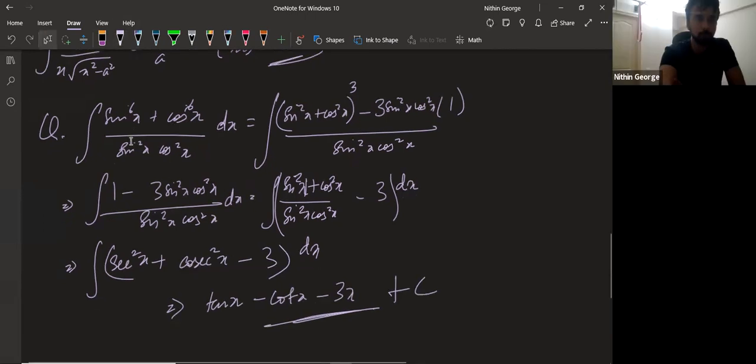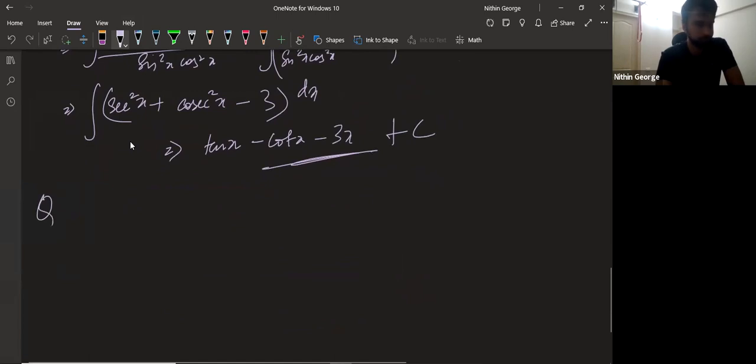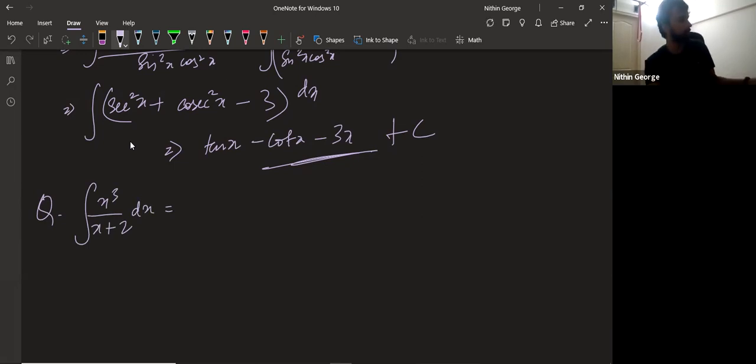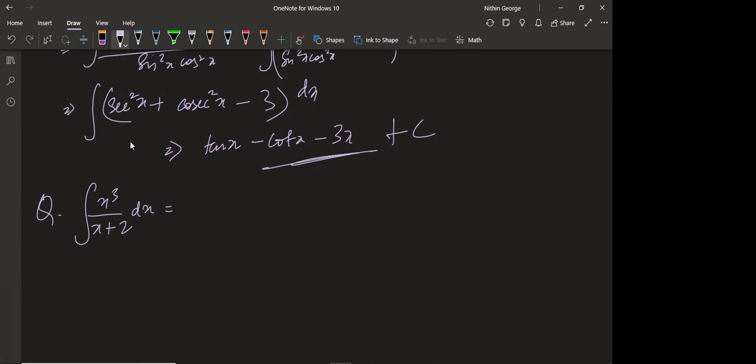So I'll give you another question. Integral of x cube by x plus 2 dx. Come on. What do you get here? First, you have to divide.